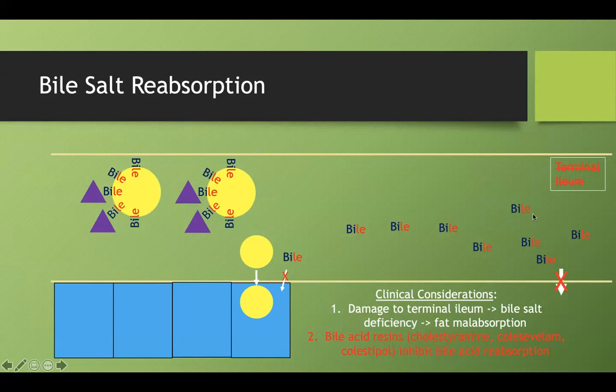And so if you're losing a lot of this bile acid, then you can get a fatty. If you don't have any more bile salts, what'll happen is that future fat globules will not be able to be broken down, and instead they'll be excreted in the stool, so you get a fatty steatorrhea. You also are at higher risk with bile acid resins because you're losing your bile salt. You're at a higher risk of developing gallstones. I talk all about gallstones in the hepatobiliary lecture later on.